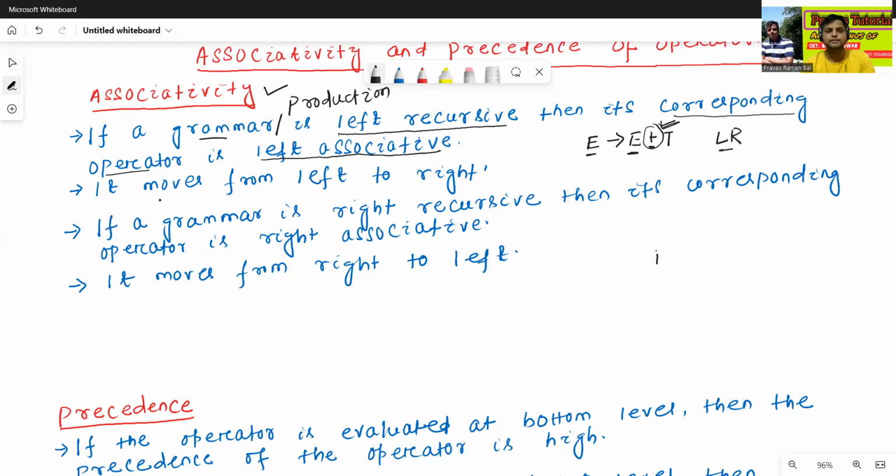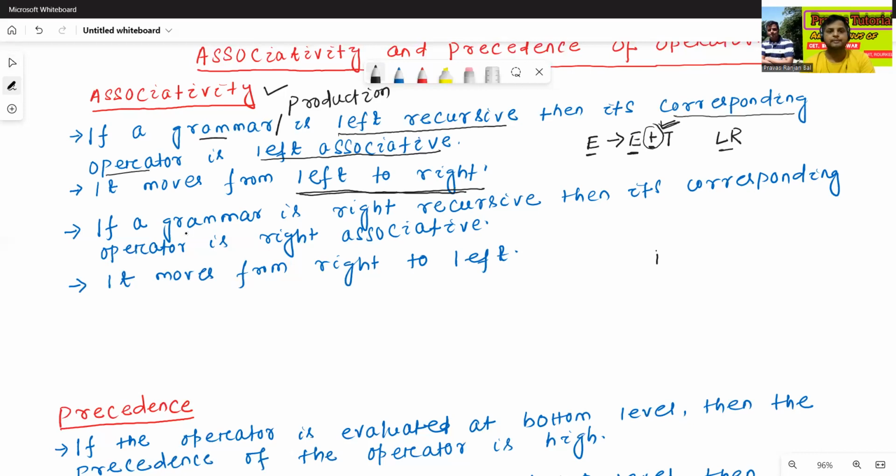And the next point, it moves from left to right. Since the operator plus is left associative, the operator plus generally moves from left to right. How it moves from left to right, we'll discuss later with the help of an example, right?